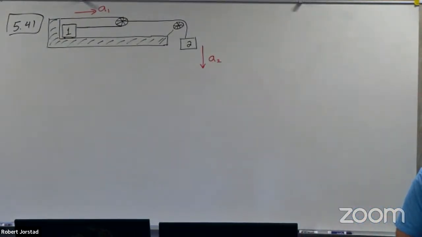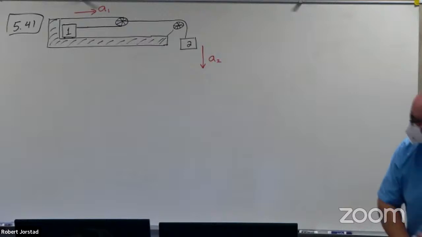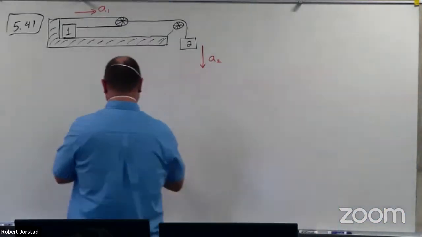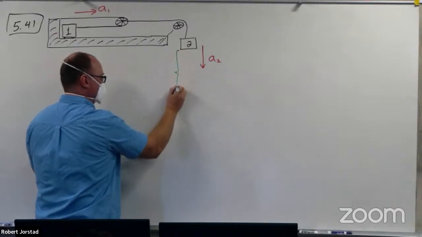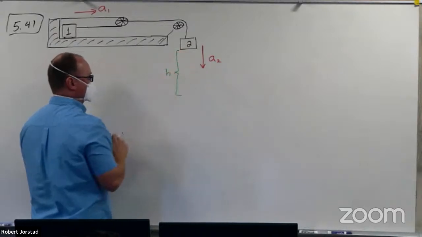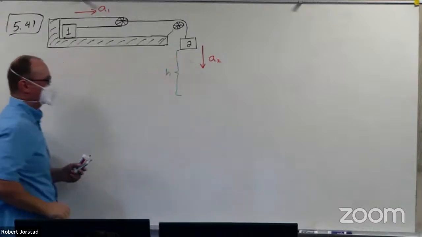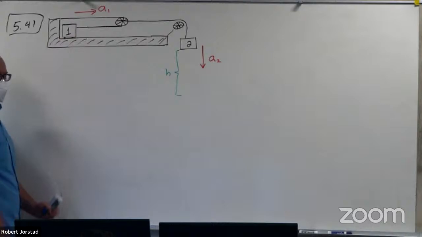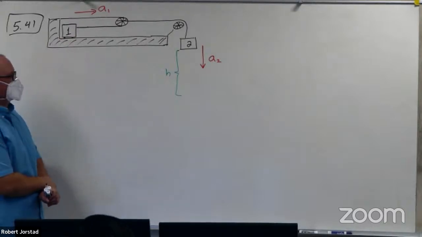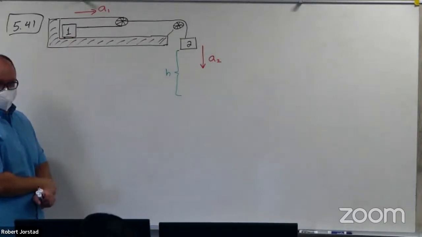All right, so now, suppose M2 falls distance h. So let's say this one falls down some distance h. My question is, how far will object 1 move? What does your gut tell you? Is it going to move distance h, more than h, less than h?